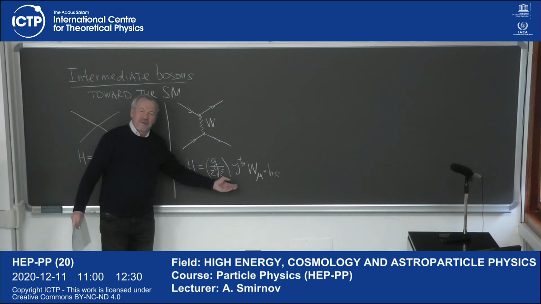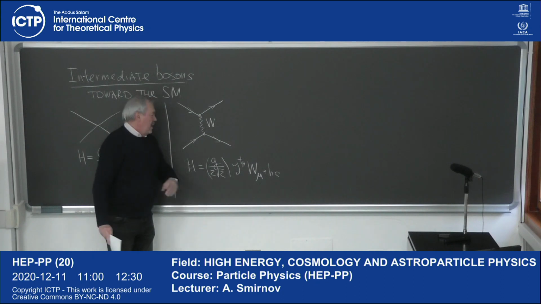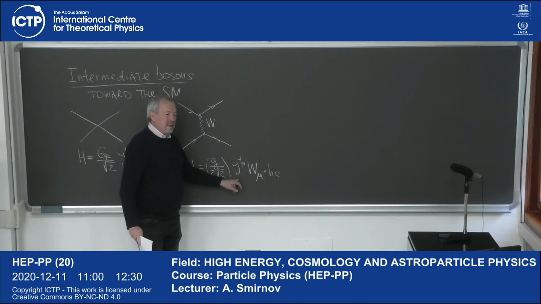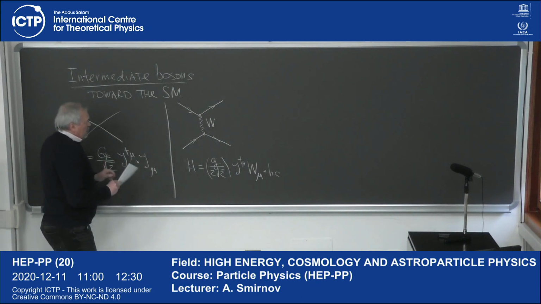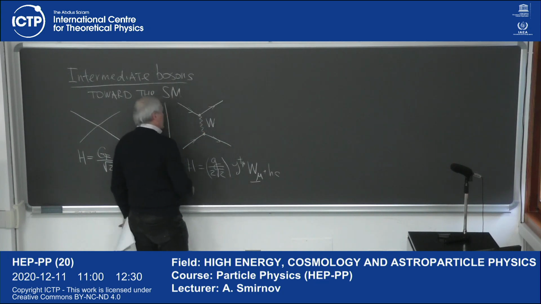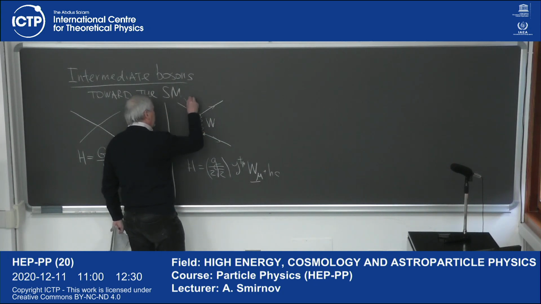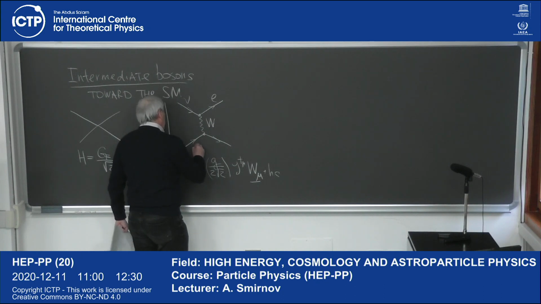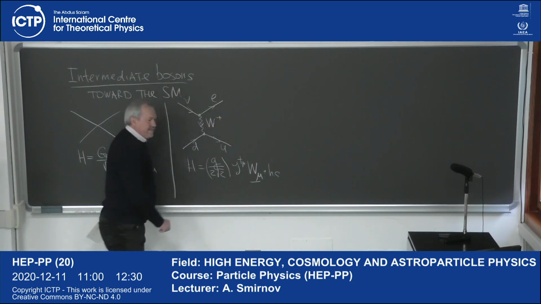This interaction is similar to the electromagnetic case, where we have again a current multiplied by the photon field, the electromagnetic field. Here the current is a charged current, and therefore the W boson should be a charged particle. For instance, if here we have a neutrino, which transforms into an electron, and here we have a D quark, which goes to a U quark at quark level, then the W boson emitted in this direction should be W plus.